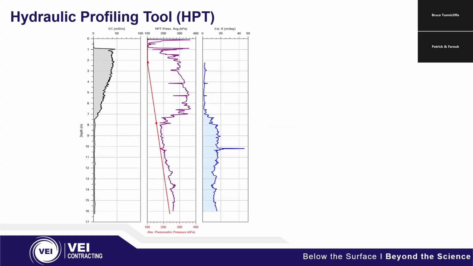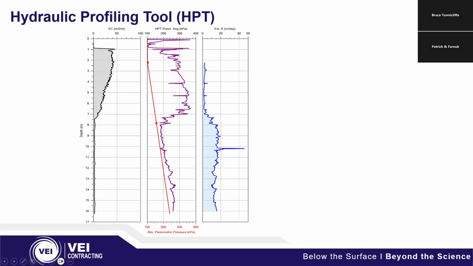Just as we saw with the LIF tool and the MIP tool, we're seeing a similar type of graph, a similar set of data. We have our EC readings on the first set of data. Like I said before, the higher the EC reading, the finer the grain material. So in this particular log, we have fine grain materials moving into coarse grain materials, transitioning from 5 down to 7.5, and now we have this nice sandy aquifer down here.